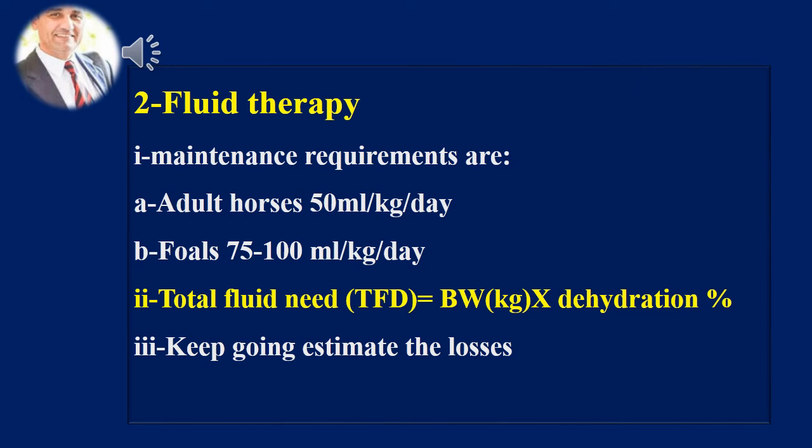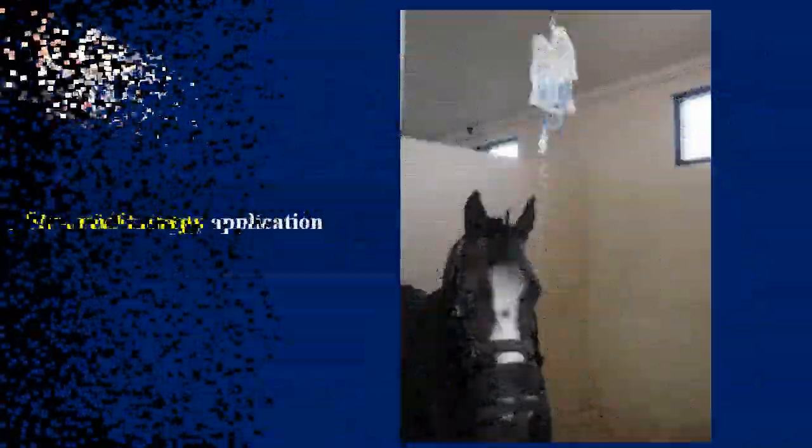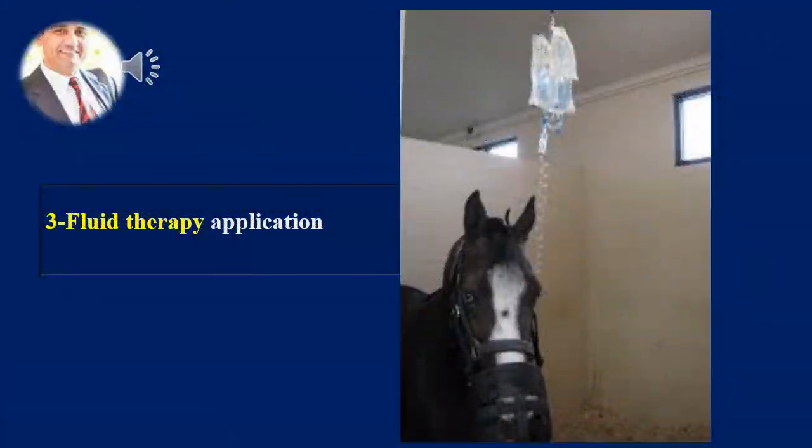Total fluid needed is body weight in kilograms multiplied by the dehydration percent, and then keep going, estimating the losses. Fluid therapy is applied by intrajugular injection of the fluids drop by drop for the first 20 minutes, then in streams.